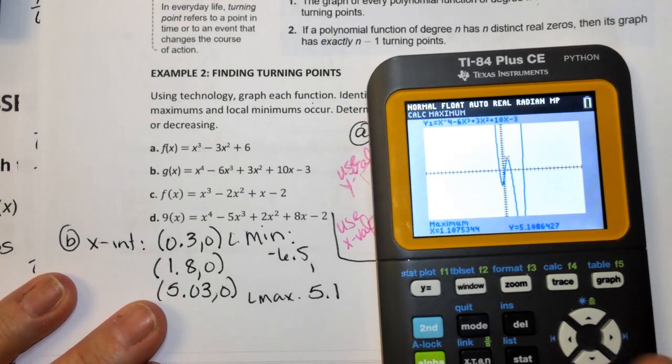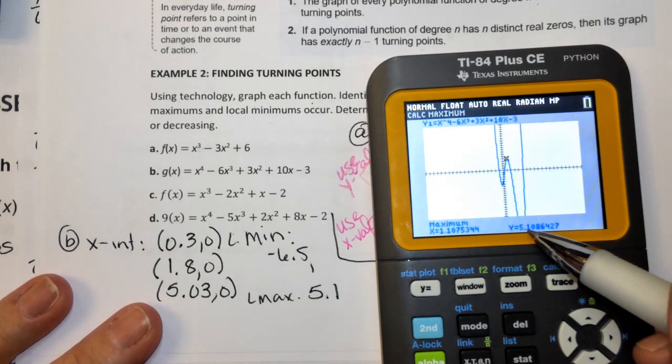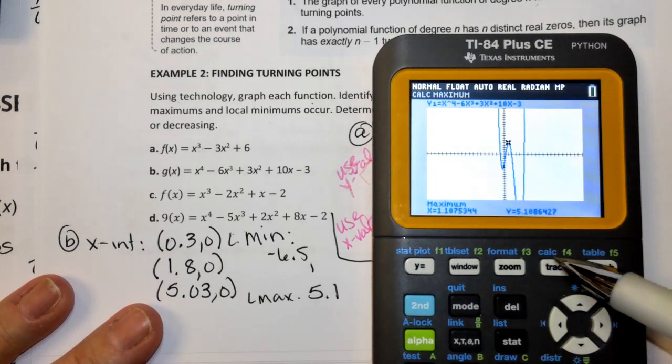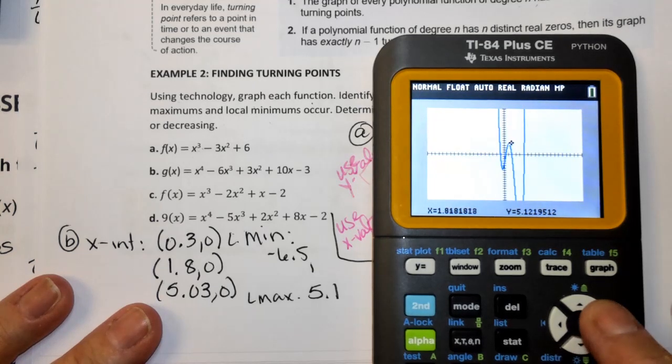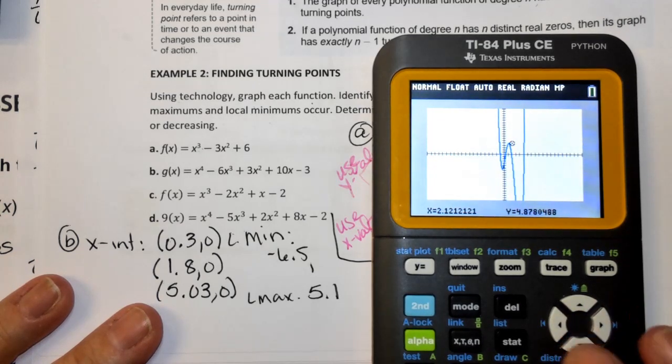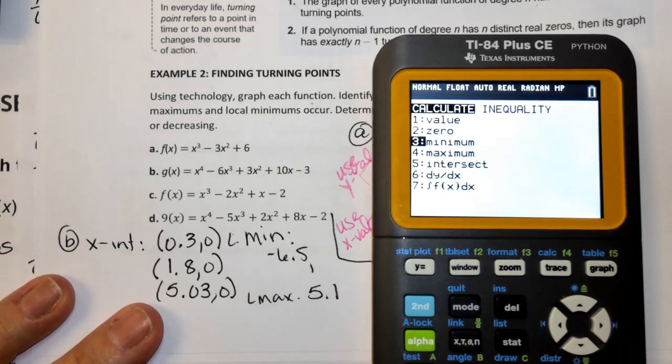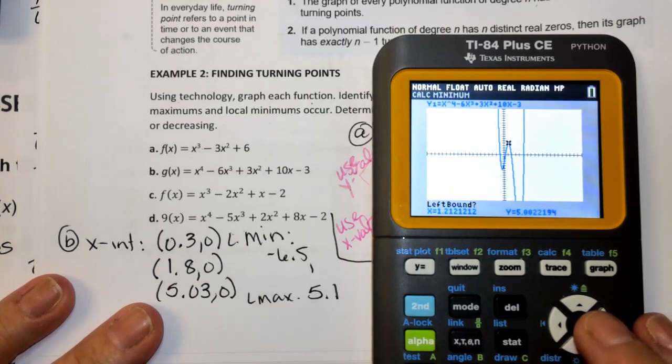Okay, now we did have one way down here. We can't see it, but I bet you we could still calculate it and it would tell us where it is. So let's give that a try. All right, so second, calculate minimum. So let's go right here, and then we're going to end.